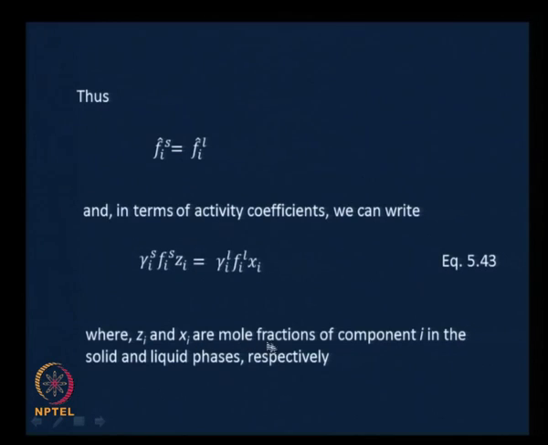zi and xi are mole fractions of component i in the solid and liquid phases respectively. So, we had essentially seen the conditions of equilibrium, chemical equilibrium particularly, and then the phase rule, and then we had taken up specific cases of vapor liquid equilibrium (VLE), liquid liquid equilibrium (LLE), and solid liquid equilibrium (SLE).